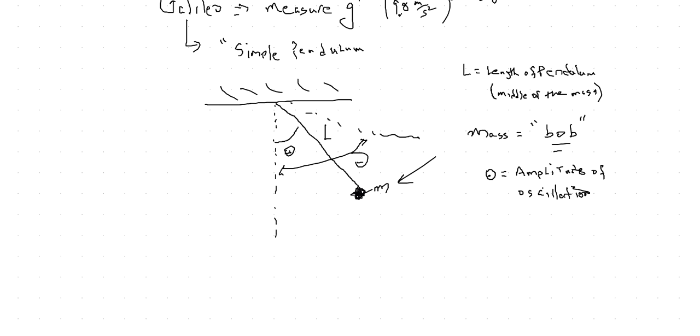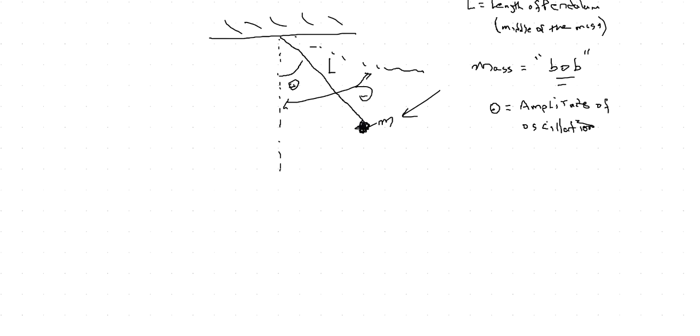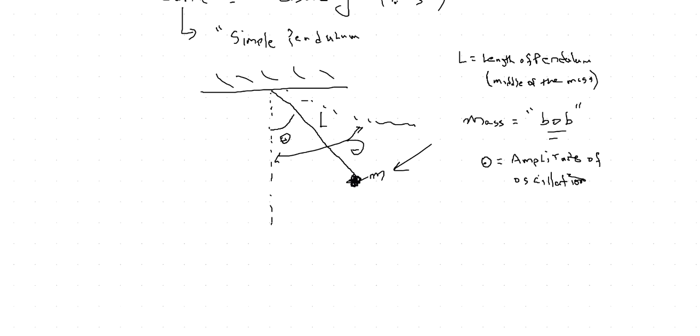The other thing we're going to need to know is this. If we pull the pendulum to right here and let it go, the pendulum is going to swing over to this side. Of course, it'll be a little smaller than theta because air resistance is pulling it back.